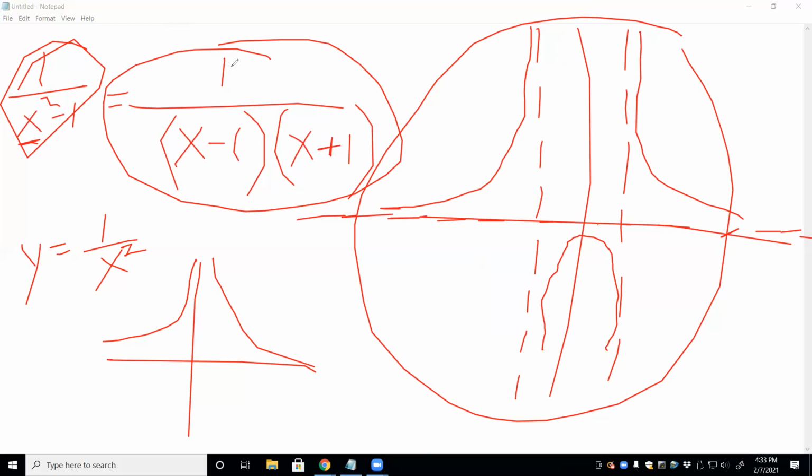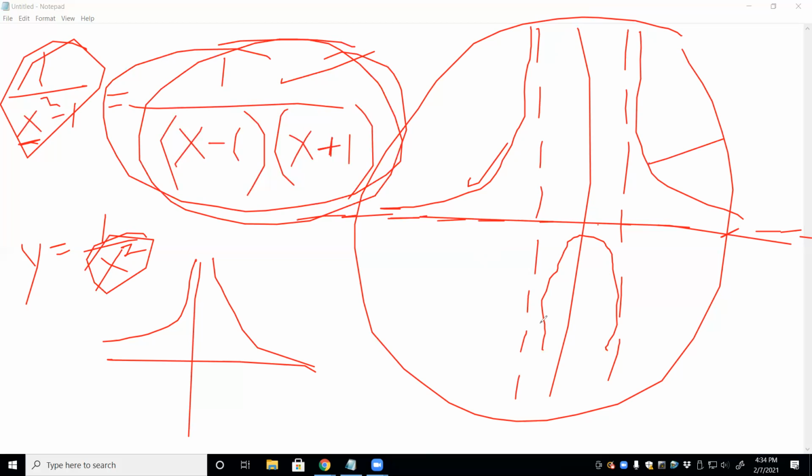And if 1 is the numerator, then it's impossible for that to ever be 0. So I know that it does not have an x-intercept. And that takes me a long way because it's squared, I know these two parts are in quadrants 1 and 3. And since it cannot cross the x-axis because this will never be equal to 0, then it must do this, like I drew it.